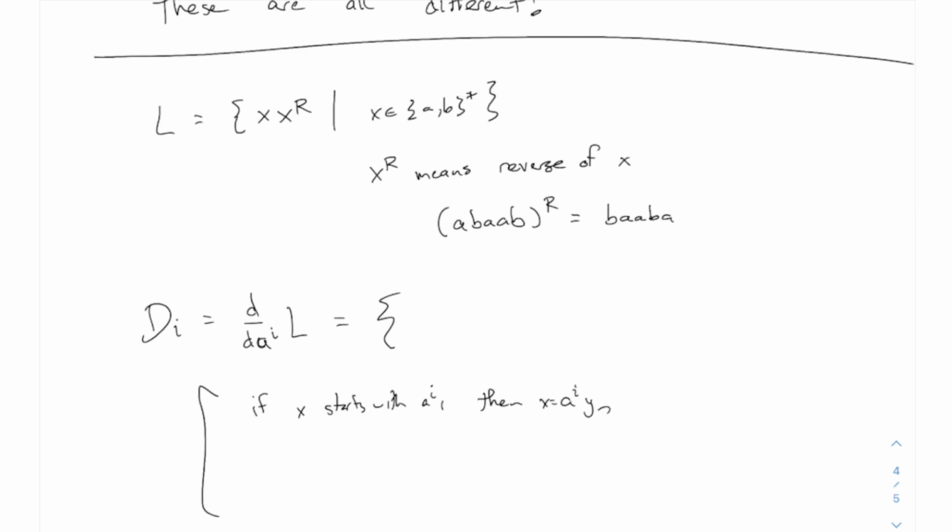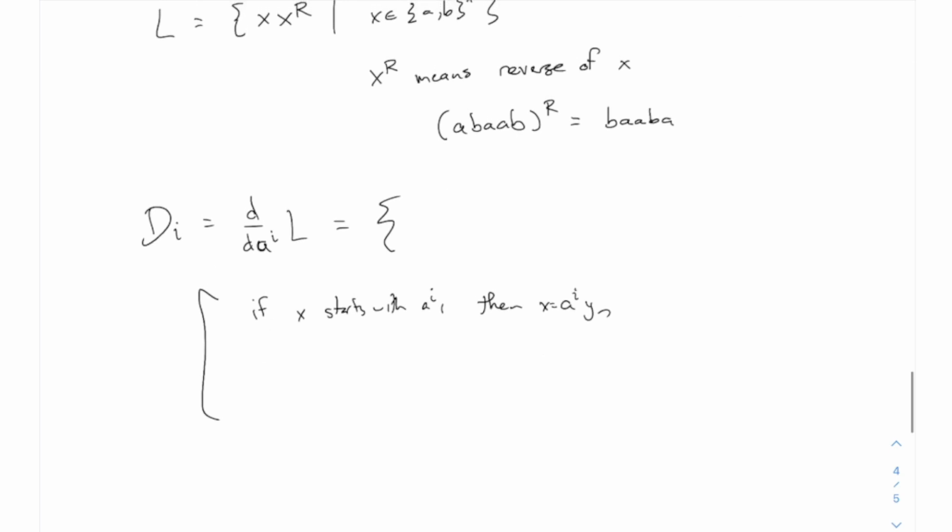What does x followed by x reversed look like if you cancel off the a to the i's at the beginning? Almost: y, then there's something you have to put in there. What you want to think about is what happens in x reversed. That would be a to the i, y reversed, which is a to the i, y.